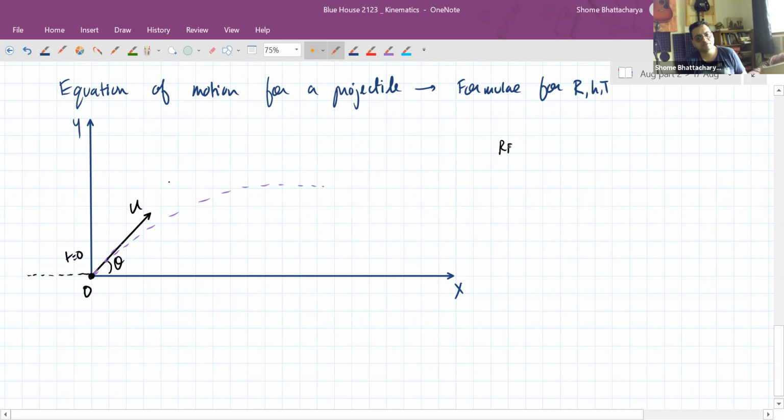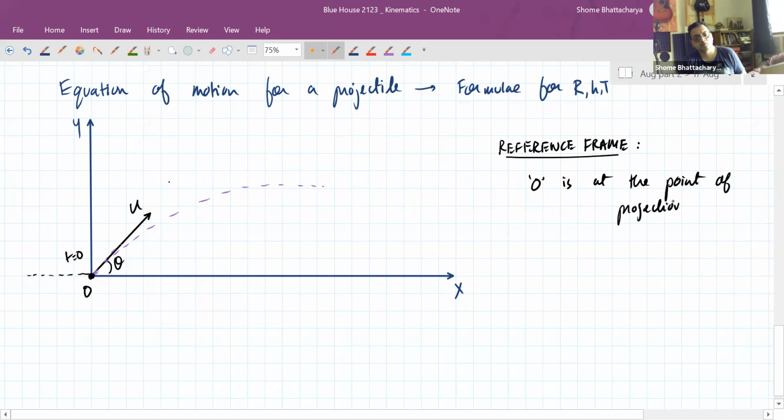So the reference frame says that the origin is at the point of projection, and x-axis is the horizontal axis, and y-axis is the vertical axis.